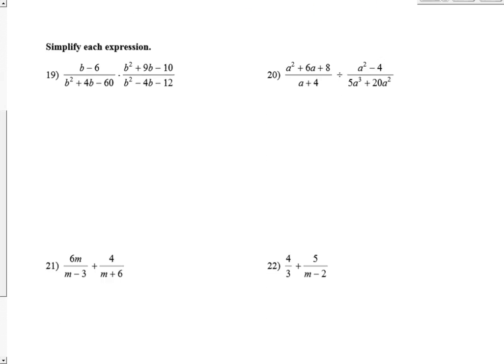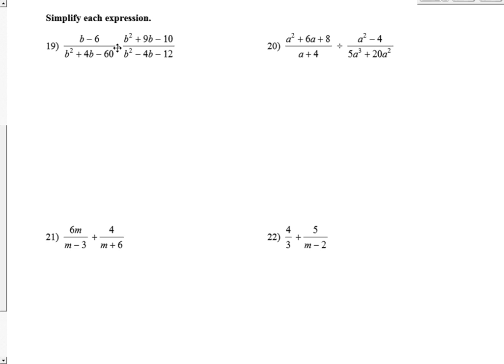For number 19, I need to factor all these out, cancel out any common factors, then I need to multiply. Okay, so I need to know that factoring b squared plus 4b minus 60, all I need to do is worry about the 60, and I subtract the factors.